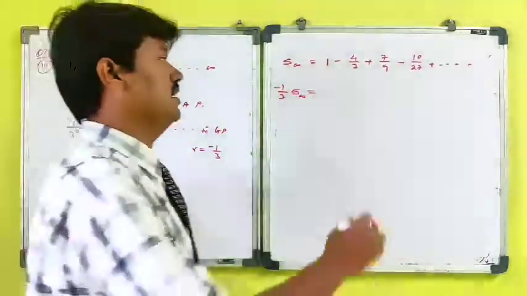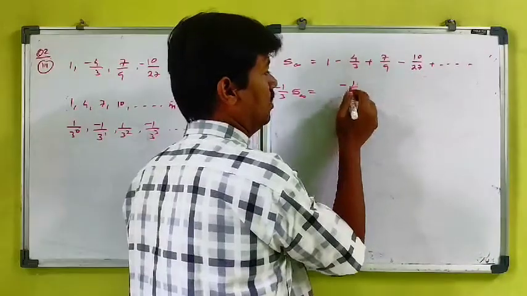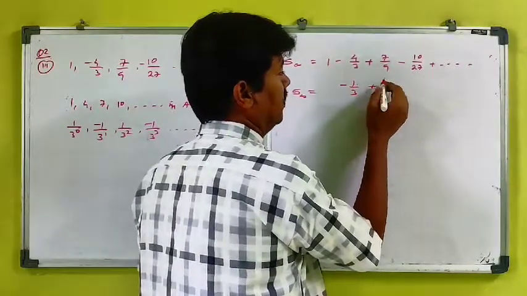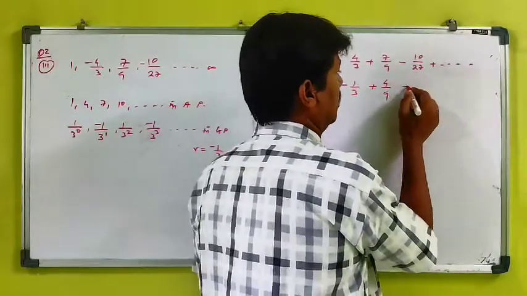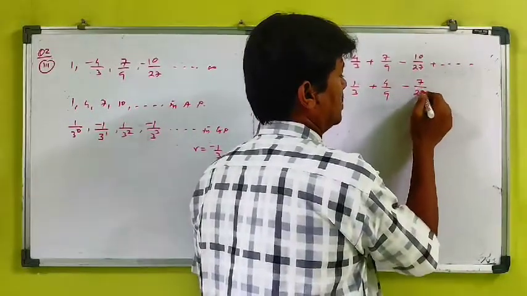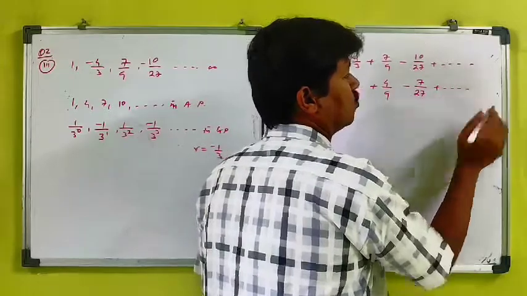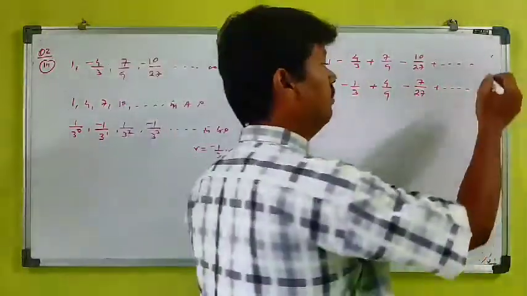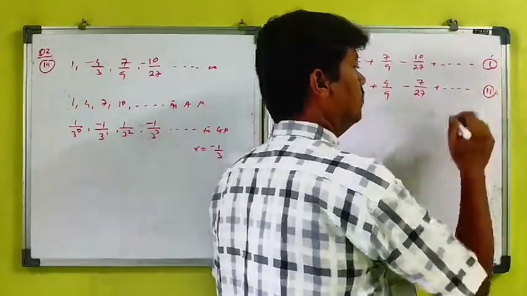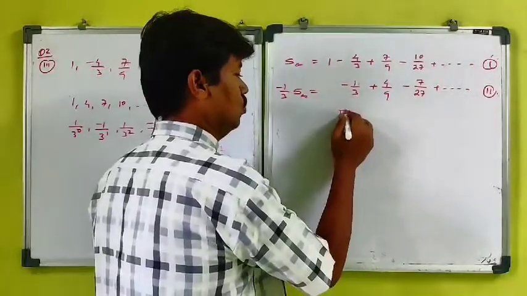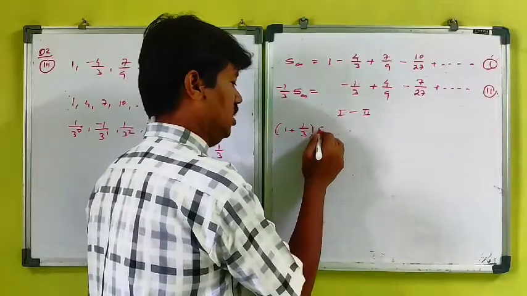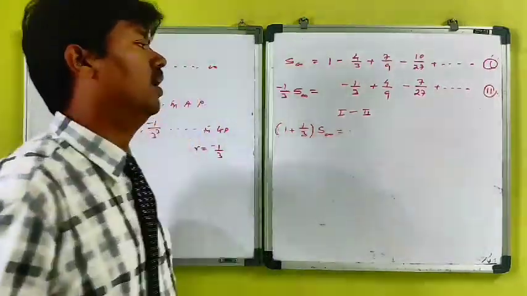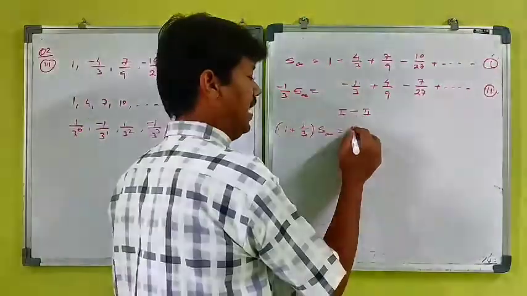So we'll write this here: minus 1 upon 3, this becomes plus 4 upon 9, then this becomes minus 7 upon 27, and so on, like this. So this is number 1 and this is number 2, and then 1 minus 2. So 1 minus 2 will give you 1 plus 1 upon 3 into S infinity. 1 is as it is.